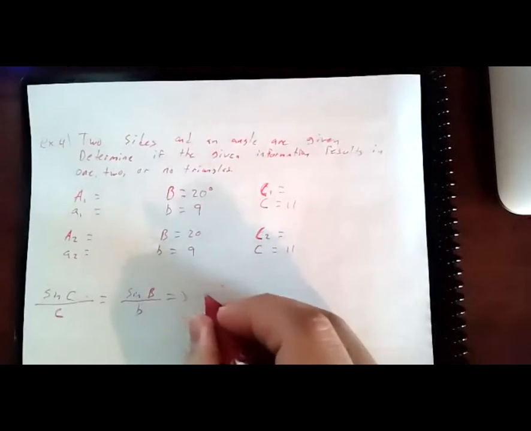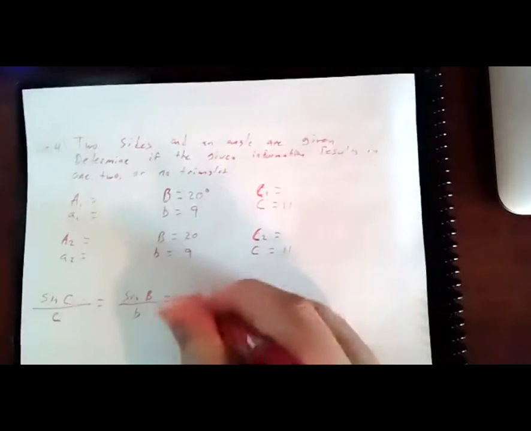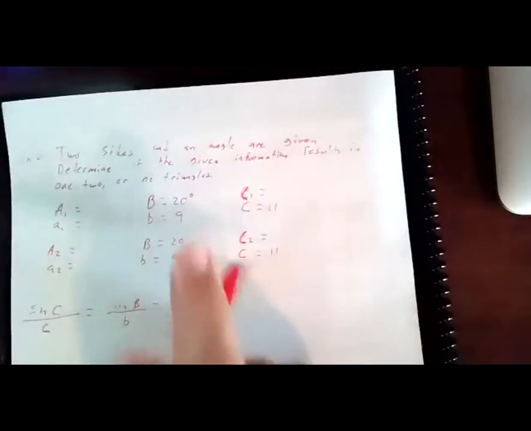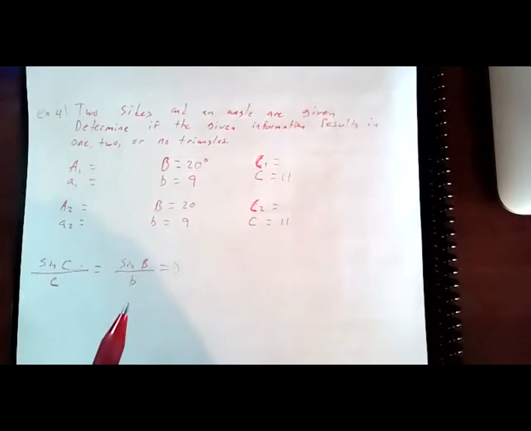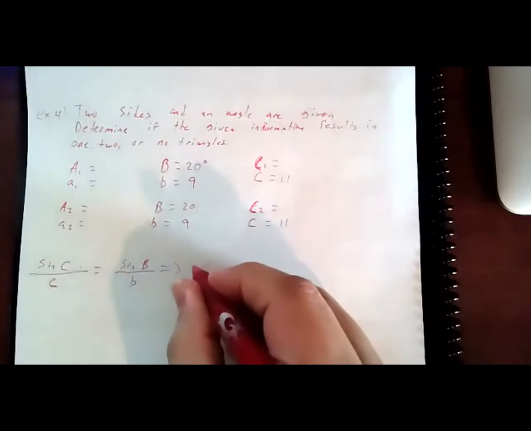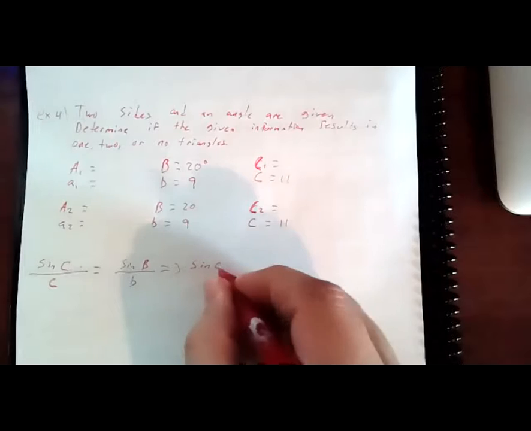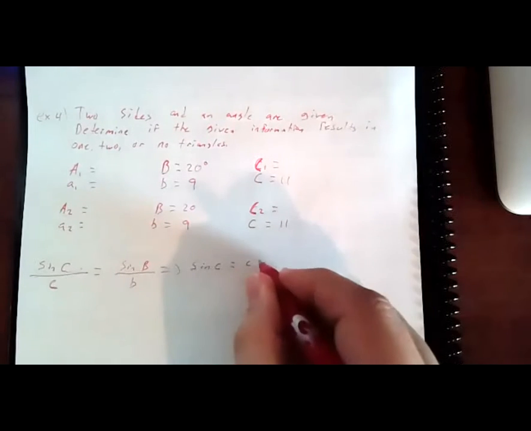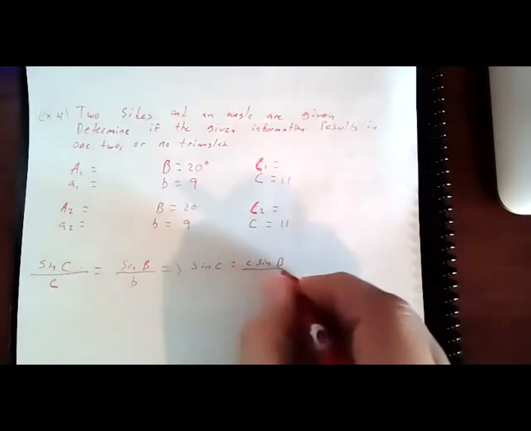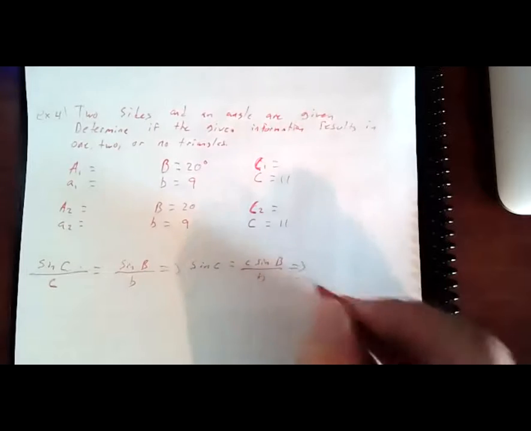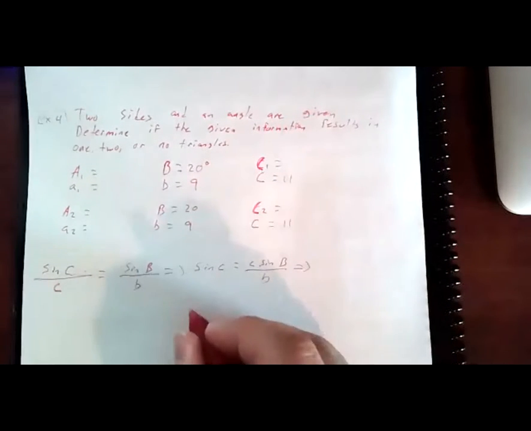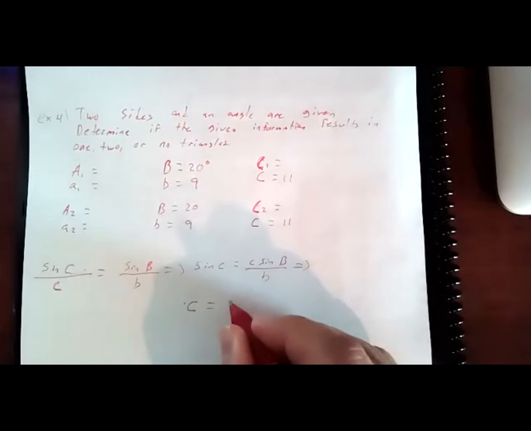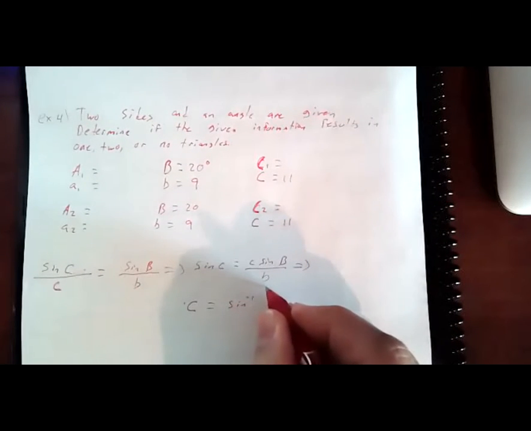Implies that sine C is equal to c sine B over b, which means that when you do the inverse of both sides, you'll have C equal to sine inverse of all this stuff.